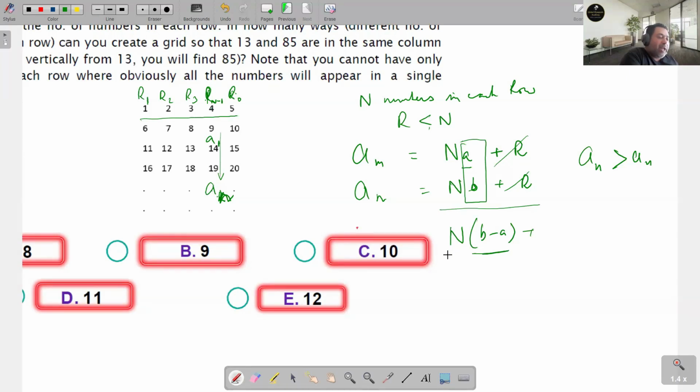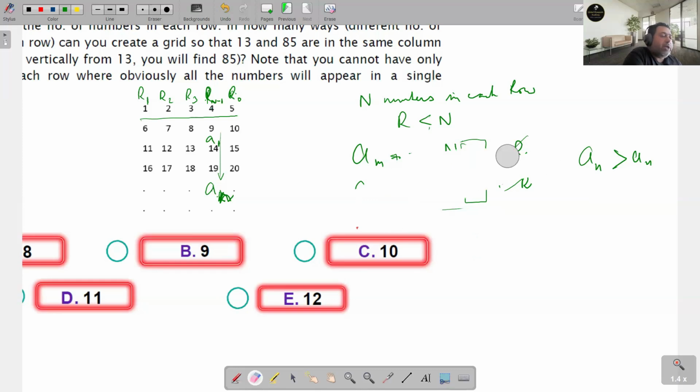And therefore n is a factor of the difference of these two numbers, an minus am. So as long as it's a factor, they will appear in the same column. So n will decide the kind of grid we are making.